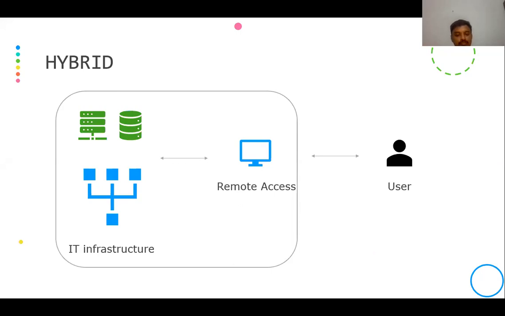This is implemented for mostly security reasons and cost reasons. Some companies might prefer to have their own data centers interacting with the public cloud and public cloud network and their storage.